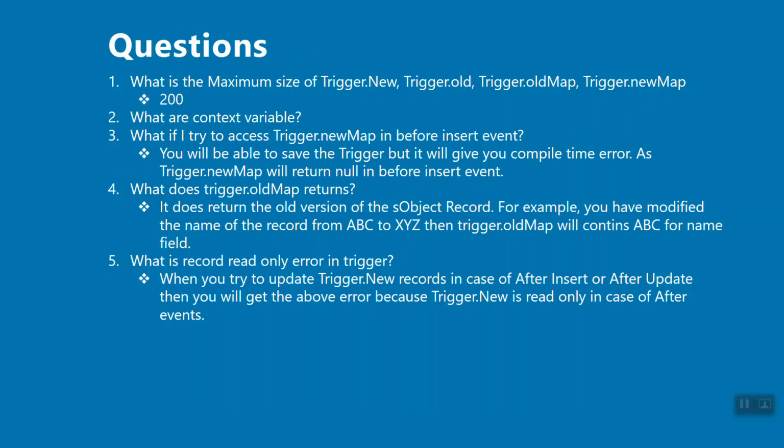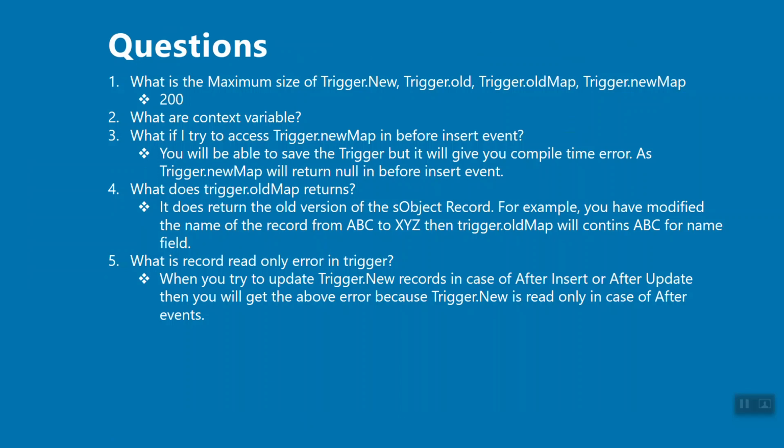We also saw this case: what if I try to access trigger.new map in the before insert event? You will be able to save your class and your trigger, but you will not be able to reference any record of trigger.new map, because trigger.new map will be null in case of before insert.